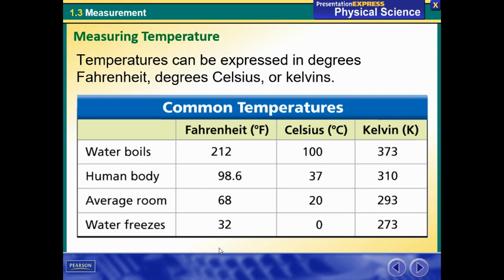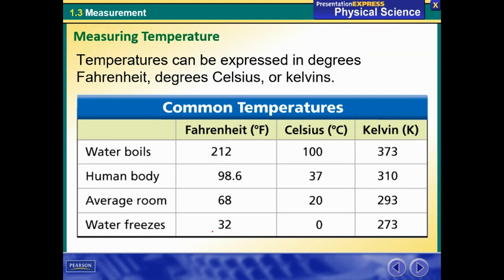Here, this is a little thing to show you the difference between Celsius and Fahrenheit. This shows you when water freezes, our average room temperature, the average human body temperature, and when water boils.